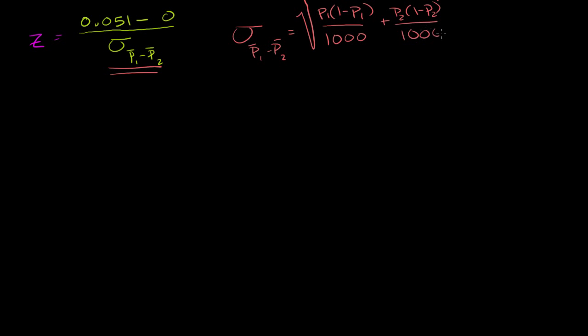We've seen this several videos. But in the null hypothesis, we are going to assume that P1 is equal to P2. That's what we do. We assume the null hypothesis and then see the probability of this occurring.